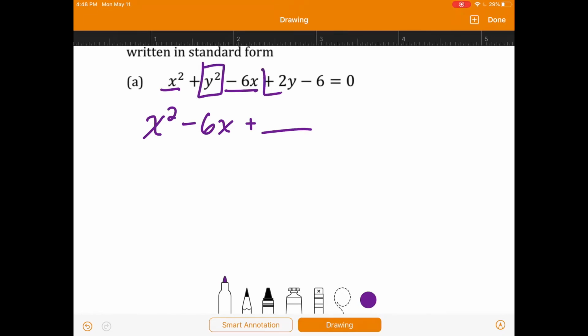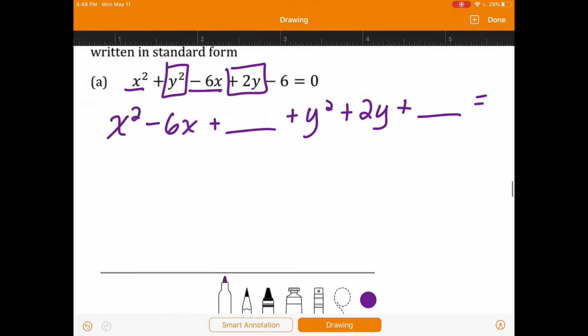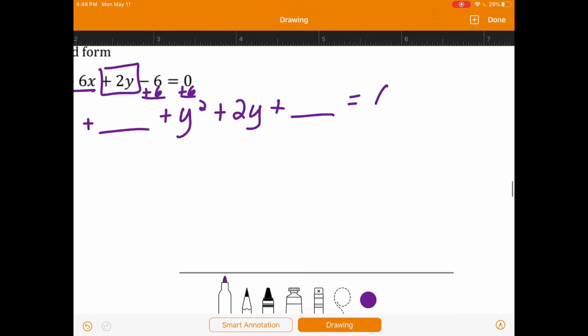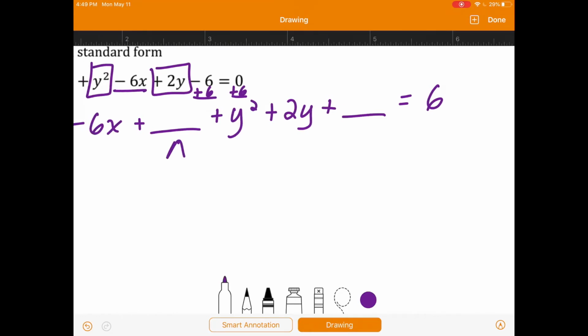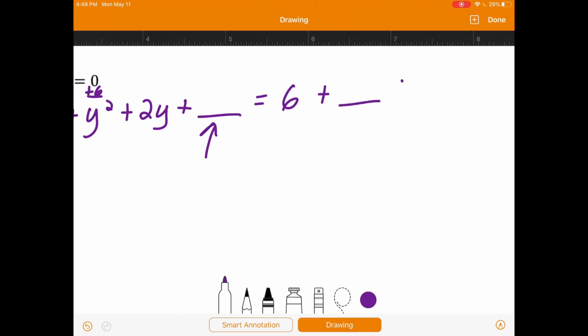Then if we do the y's, we've got these pieces, so we've got + y² + 2y + blank, and then we're going to put anything else that we've got on the other side. This 6 that's left over, add that to the other side so that we have a 6 over here. And we're going to have these 2 blanks, so we need to make sure we have 2 blanks over here also.